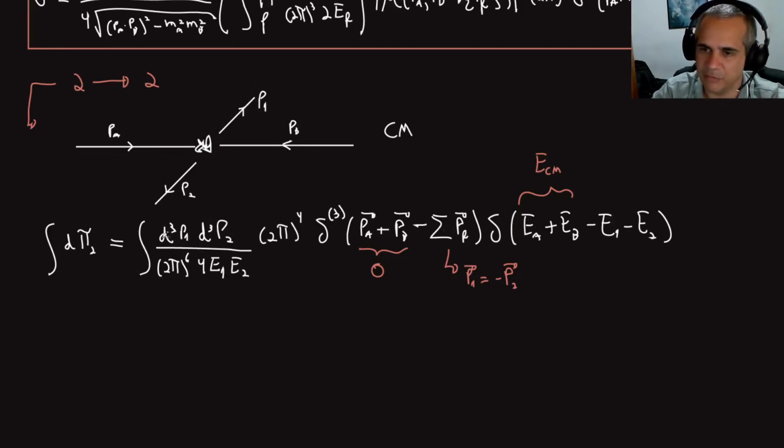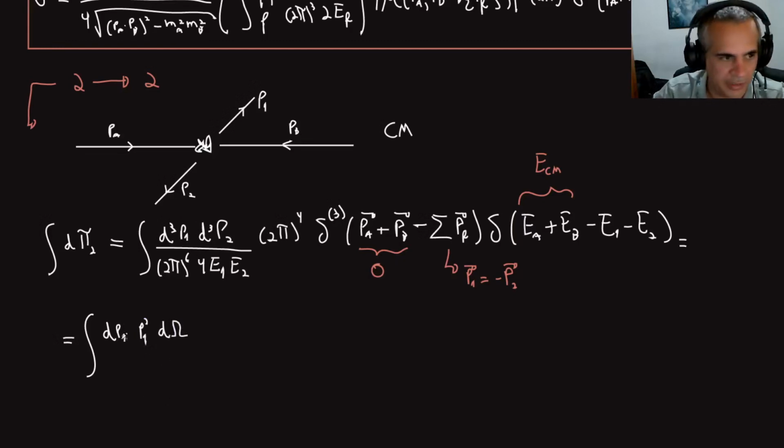And I'm left with the integral in d3p1, which I'll write in spherical coordinates. So I have dp1, where this now is the modulus of p1, I have p1 squared and the solid angle, which are the other 2 variables of integration here.